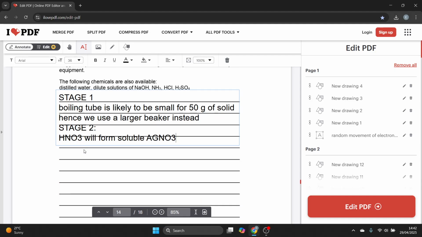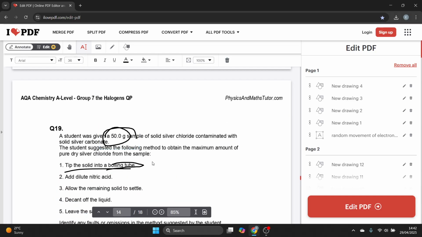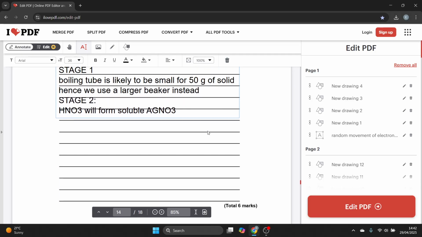Yes, we will form that. And what do we want? Well, we want the maximum of pure dry silver chloride. So the maximum of silver chloride cannot be obtained because we're going to form silver nitrate. So we need to use HCl instead.